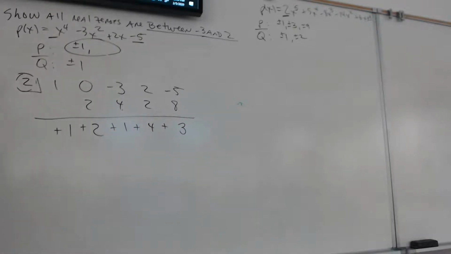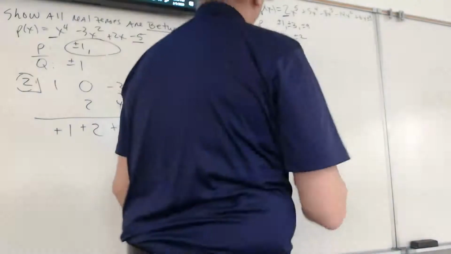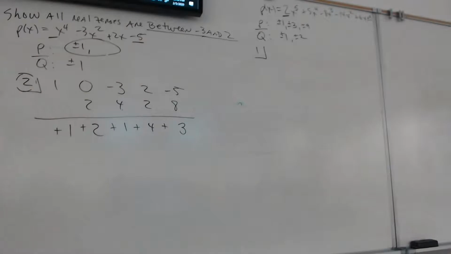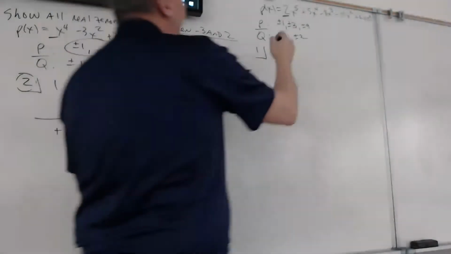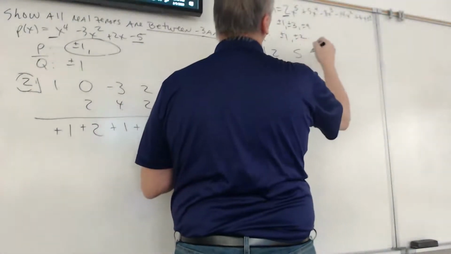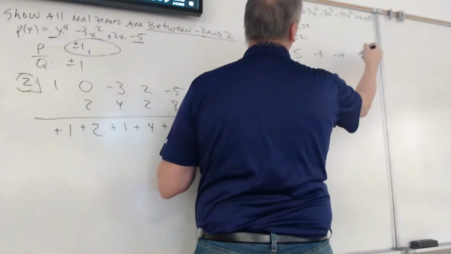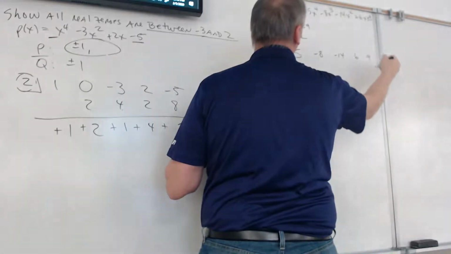What'd you say? 1. Okay, we're going to do synthetic division with a 1. And what are the numbers I put up here? 2, 5, -8, -14, 6, and 9.